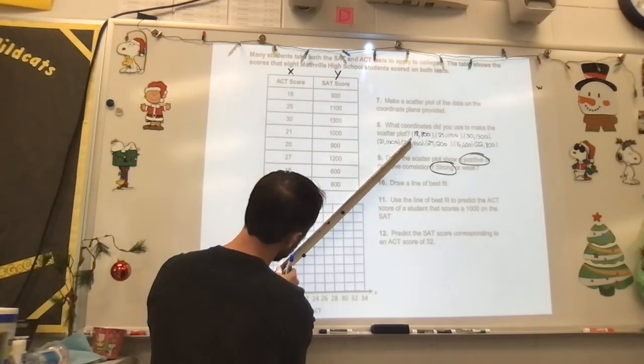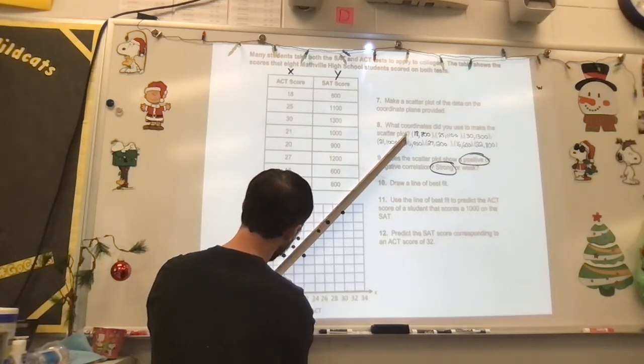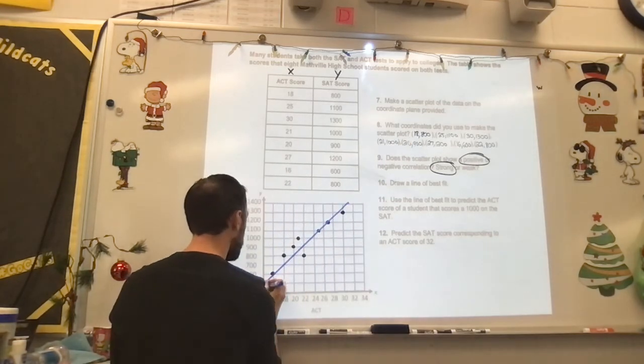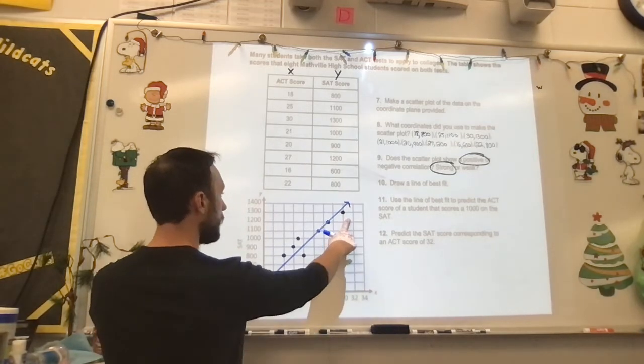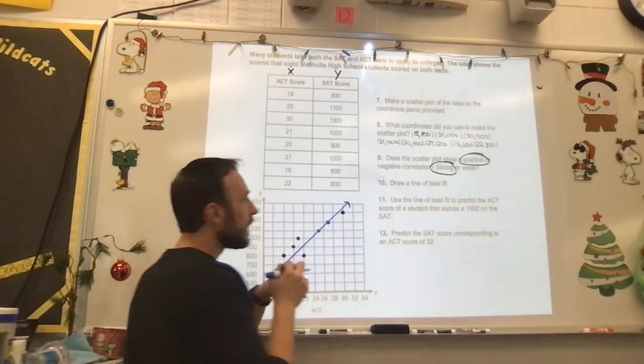Maybe that's right there, I think. Hopefully you can see that blue on blue. I have 1, 2 below, 3 above, a couple on it. I would say that's a pretty good line of best fit.